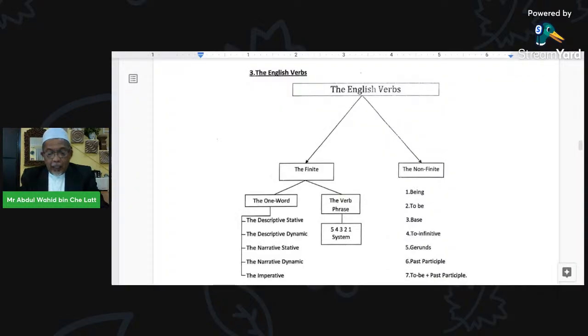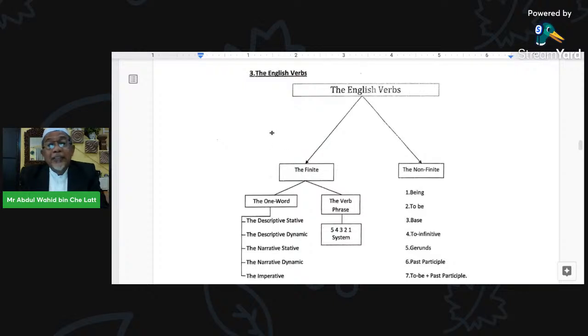The framework simplifies the English verbs into two categories: the finite verb, which is the compulsory grammatical item in a sentence, and the non-finite verb that consists of 14 forms. The finite verb is further subcategorized into two categories, the one-word verb and the verb phrase. The one-word verb consists of 5 groups.